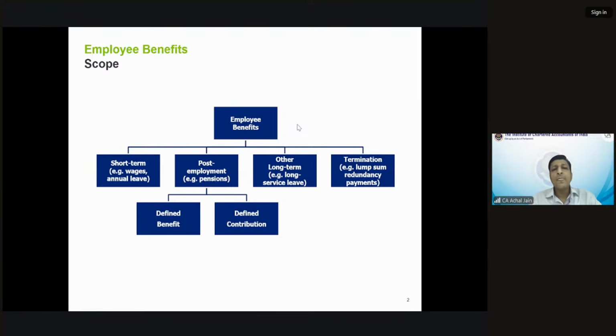Yes or no? And for this valuation, you require the involvement of an actuary. That's why you'll have an actuarial valuation. So the actuary will be involved who will do the valuation for the company.